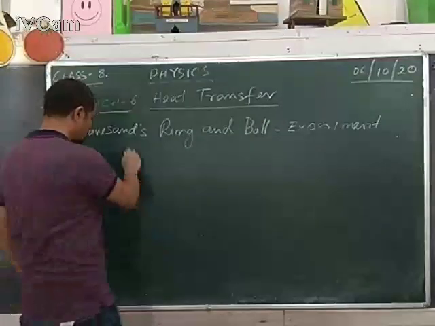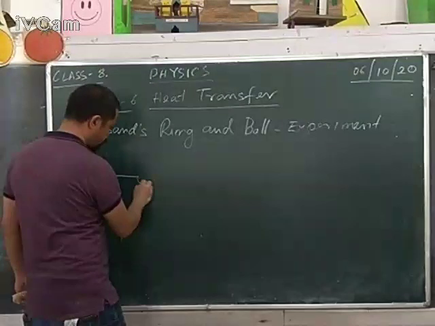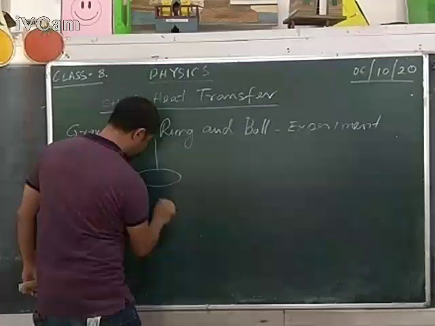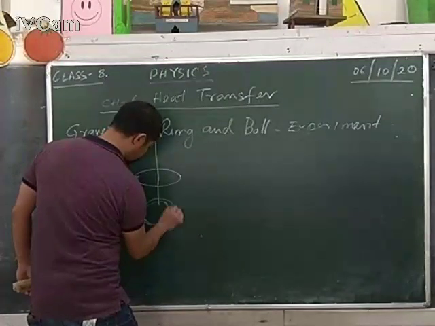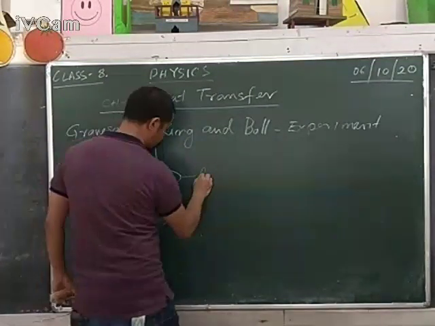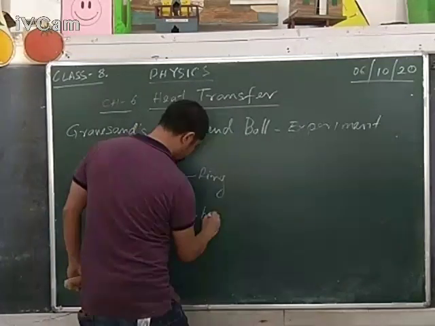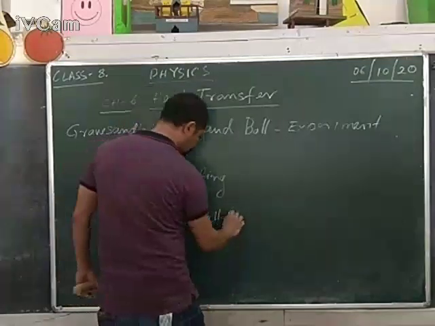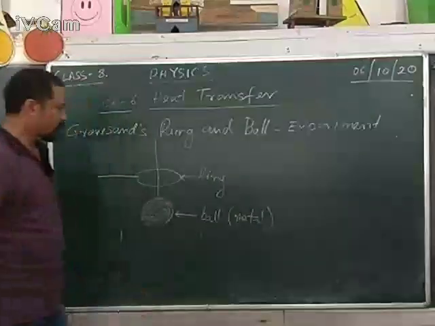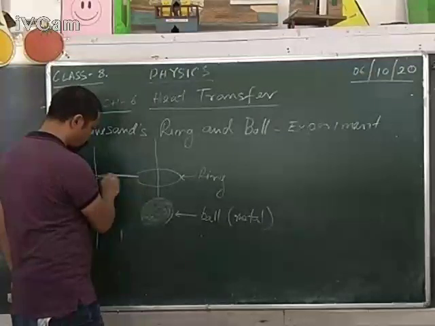So what happens is, let's say there is a ring and there is a ball. It's a metal ball, not any ball, and a metallic ring only, because we are dealing with heat.